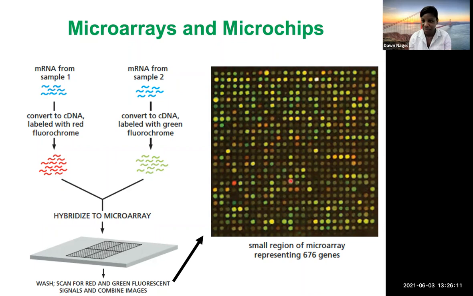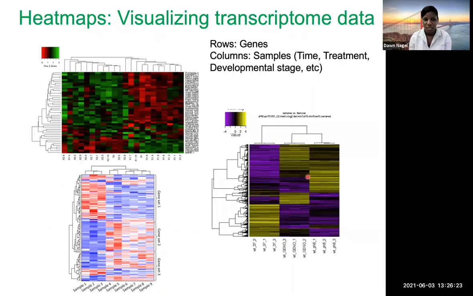Just looking at this is completely useless, right? It doesn't give you any information besides the fact that yes, your genes are expressed in one sample or in another sample or in both samples, right? That's really all it's telling you from just looking at this. So you need to have a way to visualize the expression of each gene and the expression level. How much is this gene expressed?